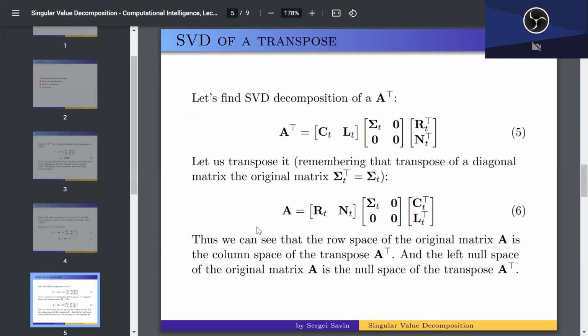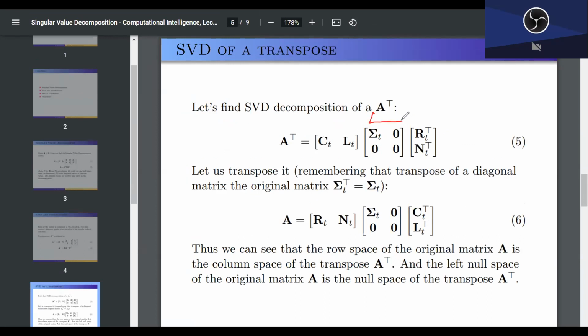Now, let's find SVD decomposition of A transposed. Well, it has the same form, right? I'll just denote it with the subscript T for transposition. Okay.